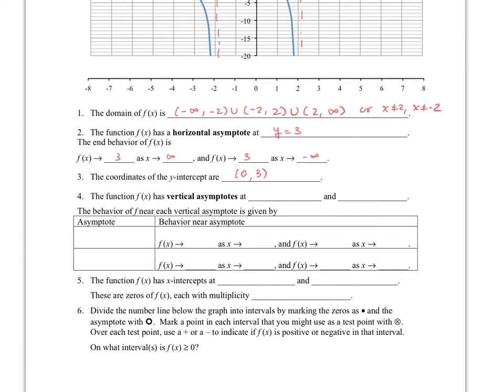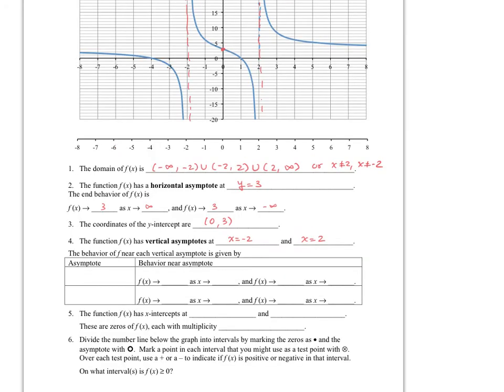Now the function obviously has vertical asymptotes at x equals -2 and x equals 2. From the graph, it's obvious that as you approach -2 from the left side, this is going to minus infinity, and approaching -2 from the right side, this is going to positive infinity, okay?